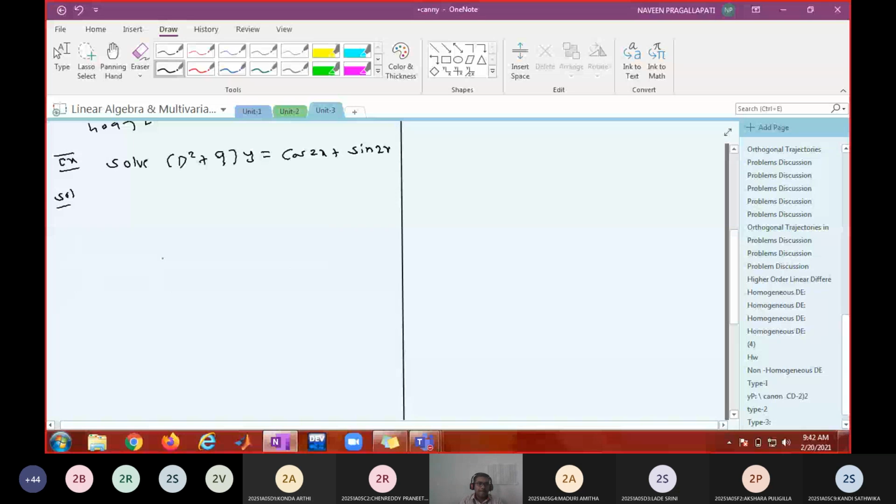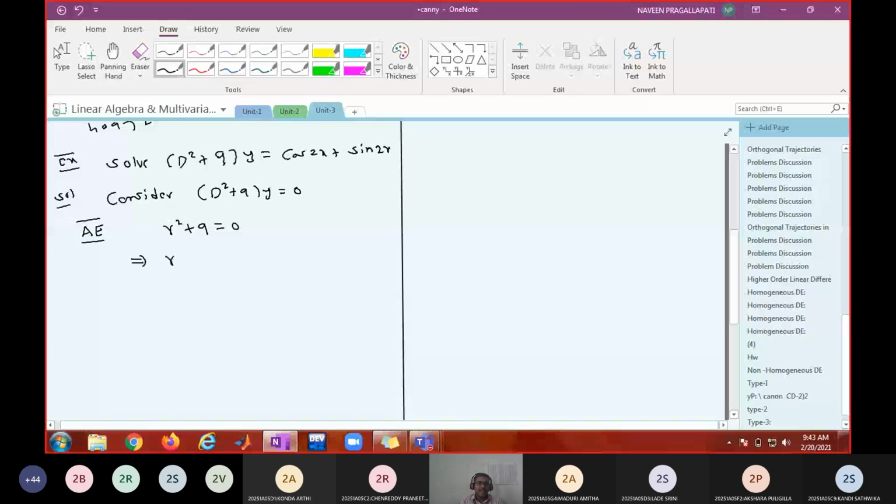Consider the homogeneous differential equation D square plus 9 of y equal to 0. Write down the auxiliary equation. What do you mean by auxiliary equation? Replacing D with r. So r square plus 9 equal to 0. Find out the roots.